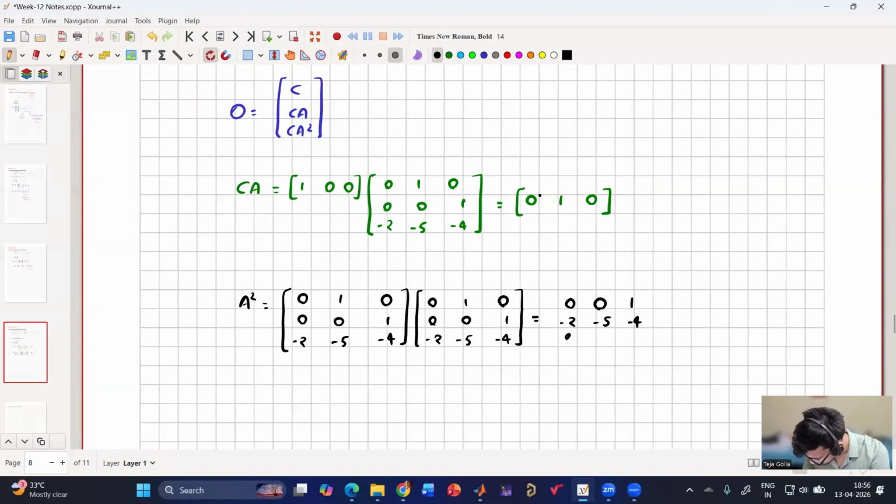It will be 8, then 20 minus 2, 18, then the last one will be minus 5 plus 16, 11. So A square is this.